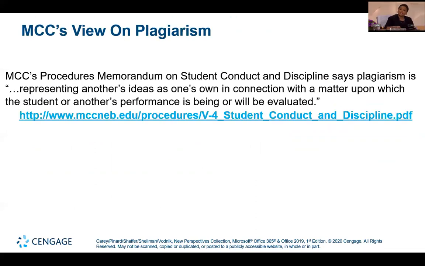The MCC Memorandum on Student Conduct and Discipline says that plagiarism is representing another's ideas as one's own in connection with the matter upon which the student or another performance is being or will be evaluated. So don't do it, okay?